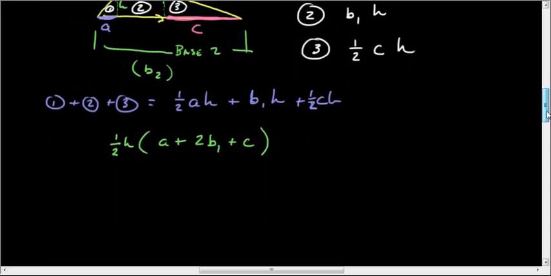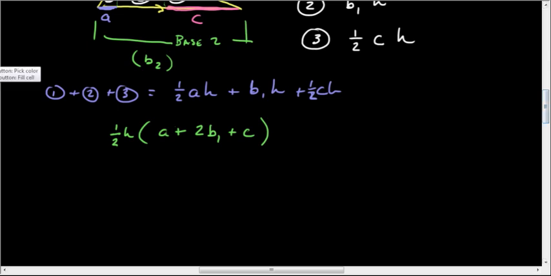Now at this point, if you're studying this particular segment of geometry known as area, you should have had basic addition, subtraction, multiplication, and division. What I'm going to use now is the definition of multiplication. Multiplication is just shorthand for addition.